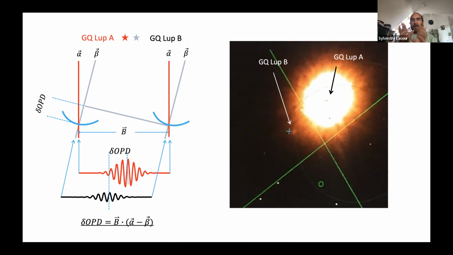So a difference in position on the sky translates into an optical path delay, which shifts the two fringe packets, one with respect to the other, and which allows us to really see the photons coming from the exoplanet.